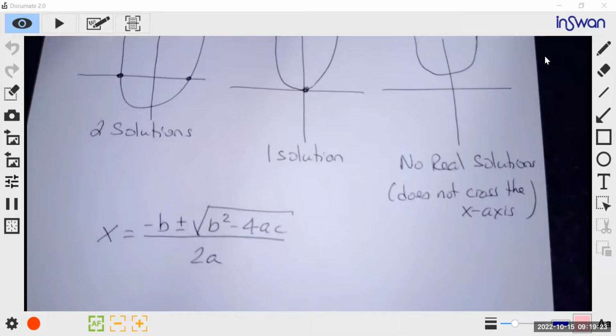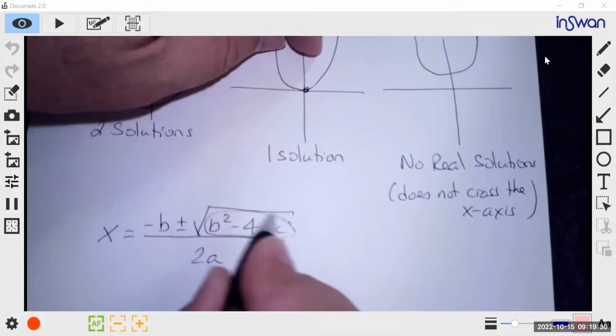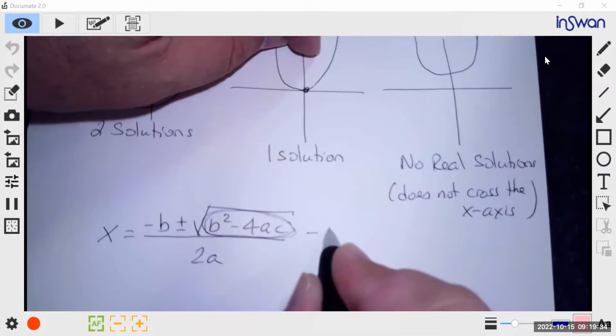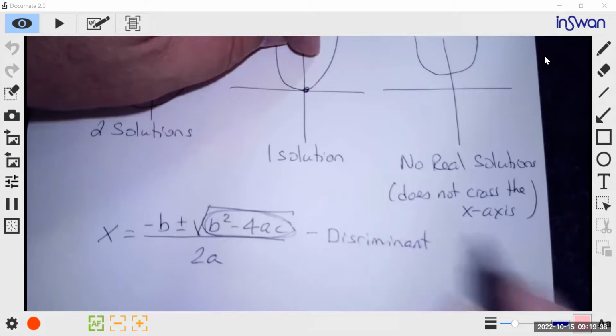Something inside there tells us whether we have 1, 2, or no solutions. This part right here is called the discriminant.